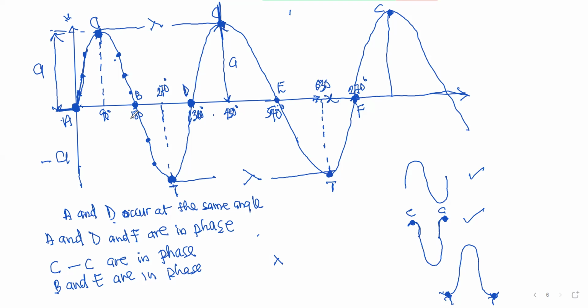Wavelength is a length, so its SI unit is meter. What about frequency of a wave?